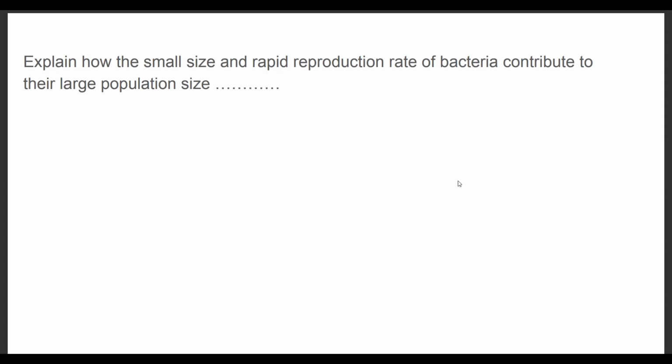Therefore, average generation time or time required to double the population is relatively less. So that means they can double their population within very short period of time. So the population size is very large.